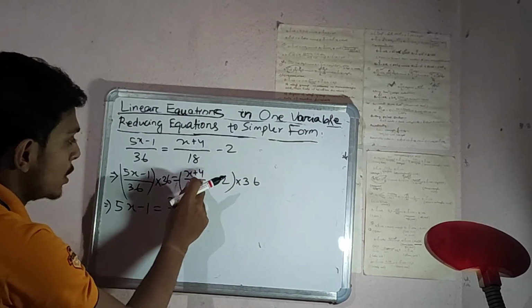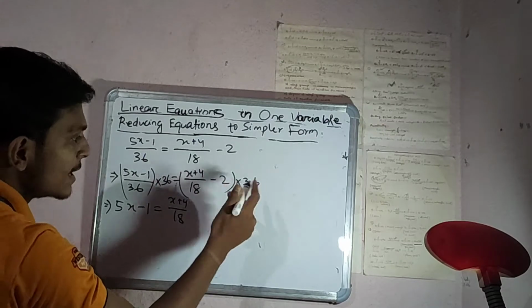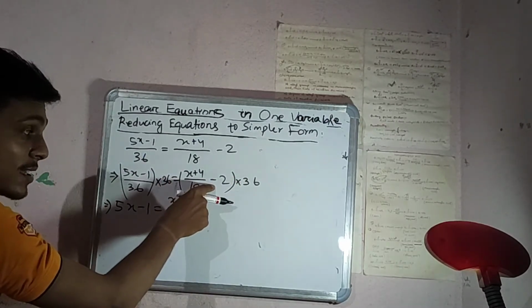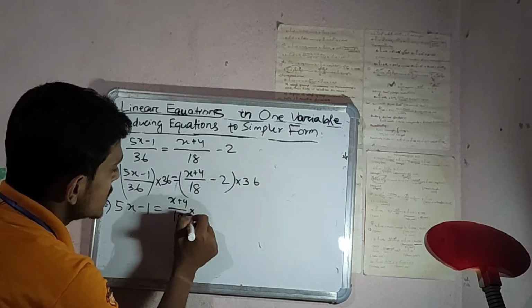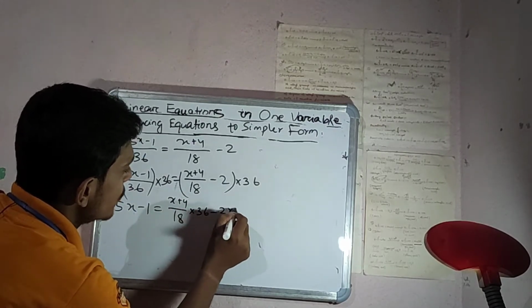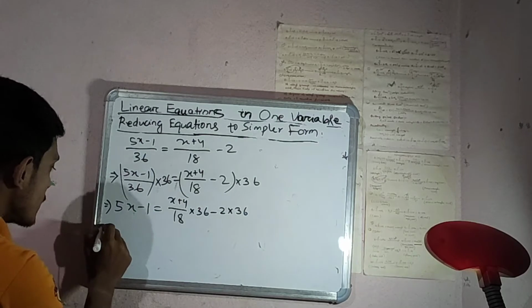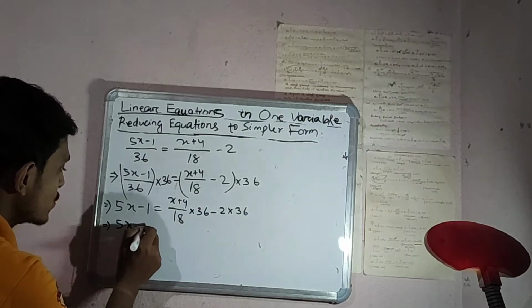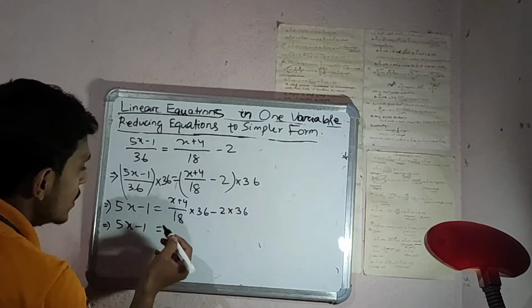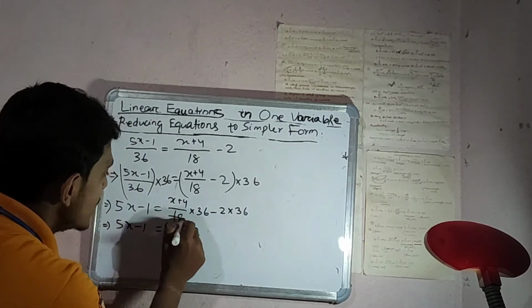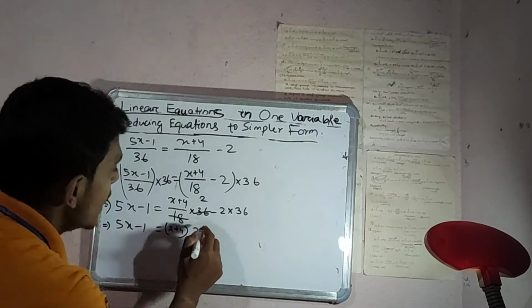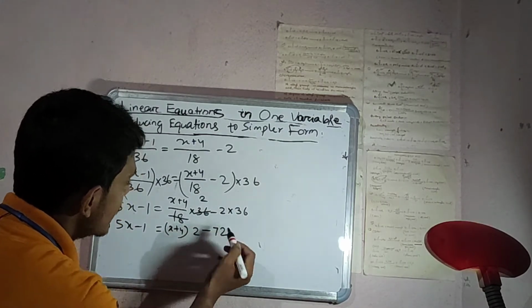This 36 is multiplied with this term and also this term. That is the distributive property under subtraction: 36 minus 2 into 36. So 5x minus 1 is equal to x plus 4 multiplied with 2, that is 18 into 2 is 36, and that is 72.